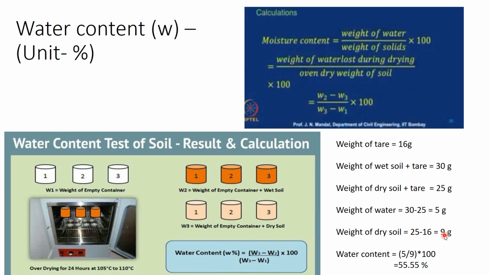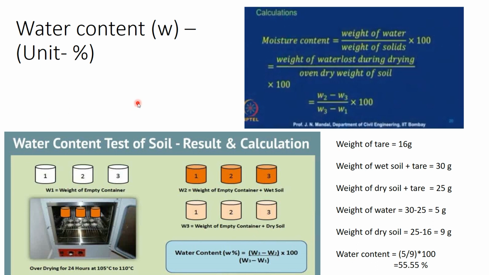So water content is nothing but the ratio of weight of water divided by weight of dry soil, or weight of solids. So your water content is 5 by 9 into 100, it is always expressed in percentage. So around 55 percent is the water content present in the soil. Okay, so it's clear.